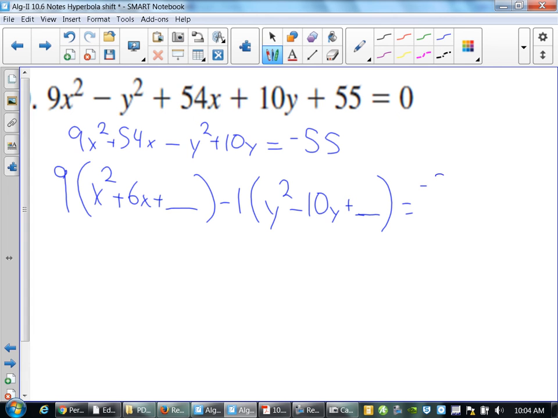On the other side I have negative 55 plus 9 times something minus 1 times something. A lot of times what people tend to forget is when you have just a negative coefficient of 1, you forget to pull this stuff out. That's why I wanted to spend a minute on this one.